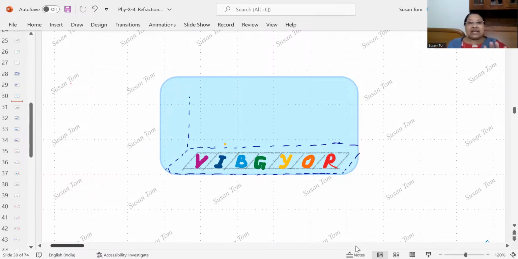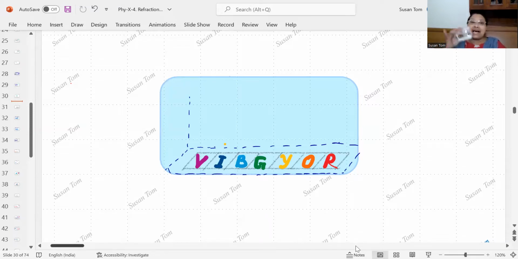We have just now seen that any object will be seen with a shift. So all these letters will feel like they are shifted, a little raised. Children, you will most probably have a glass paperweight at home, heavy, maybe round or spherical.